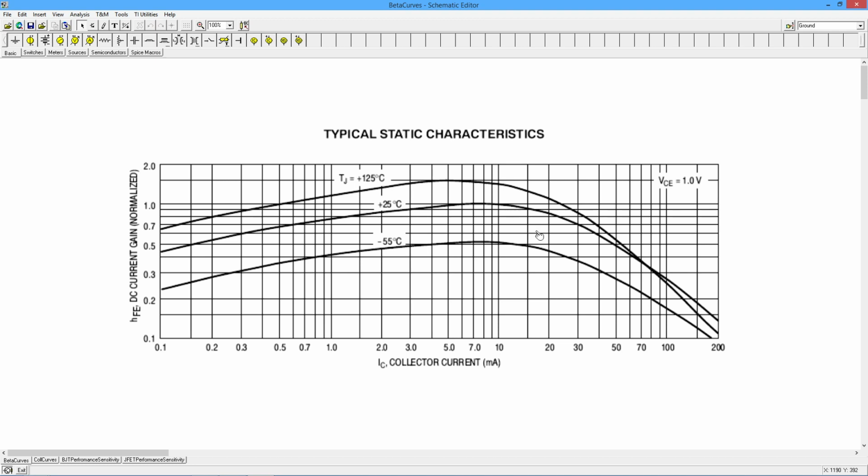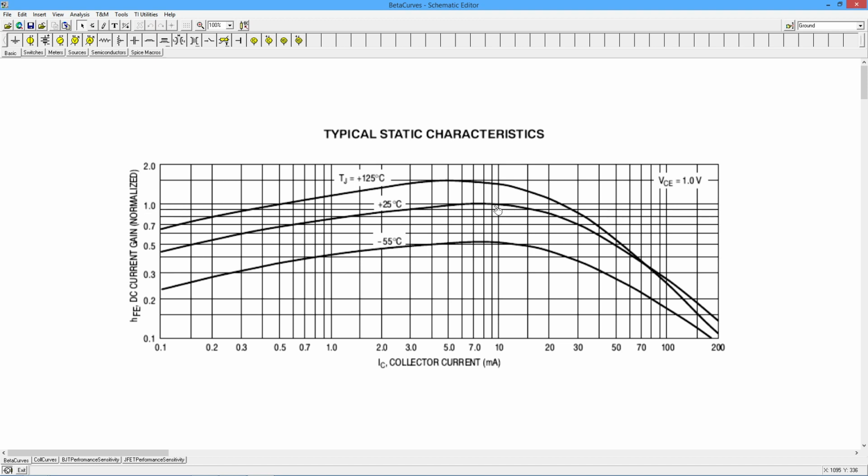And we can see that there's variation. The other thing that we see is there's a variation with the collector current itself. So if we're operating somewhere in the 5 to 10 milliamp range, and we're at room temperature for humans anyway, we get this normalized value, nominal value of unity.